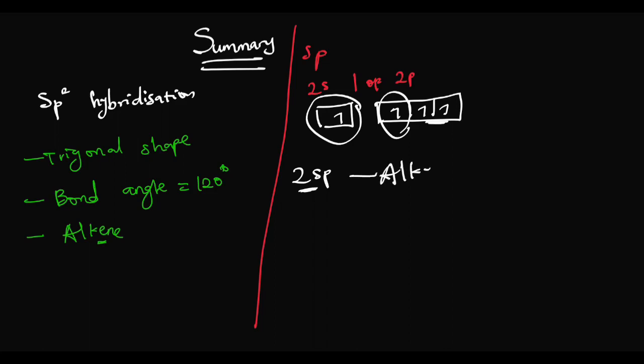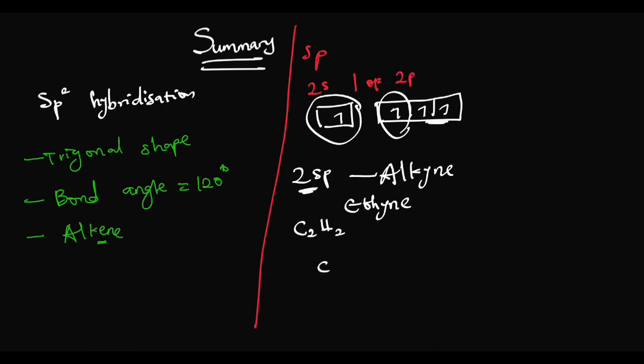It's peculiar to alkyne compounds, right? So the first member of the homologous series of alkynes is actually ethyne, right? Ethyne, which is C2H2. You understand? C2H2. Remember, it forms only 2 sigma bonds, which corresponds to this.